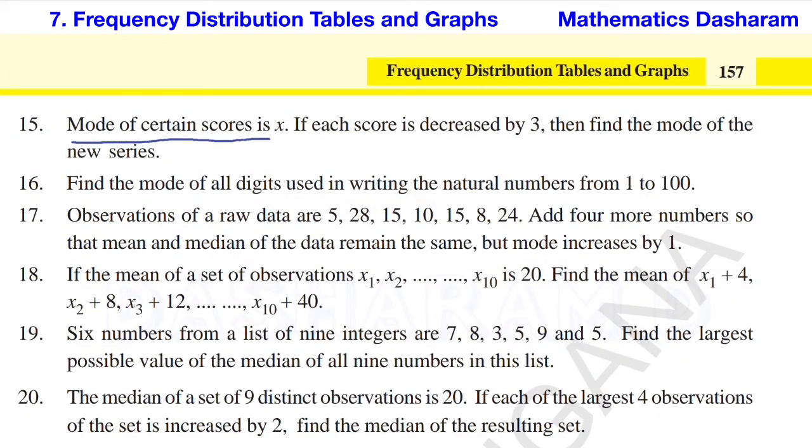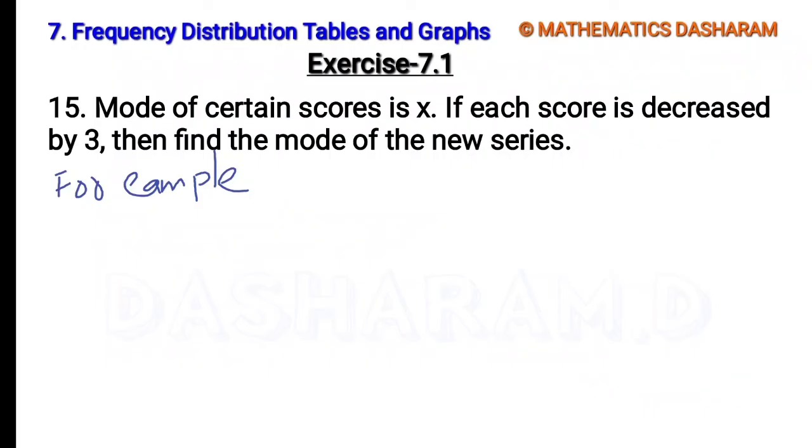Next, 15th problem. The mode of certain scores is x. If each score is decreased by 3, then find the mode of the new series. So for example, I am taking some numbers: 1, 2, 2.